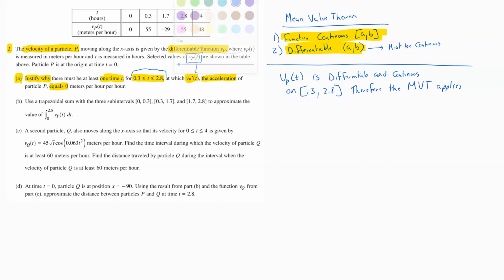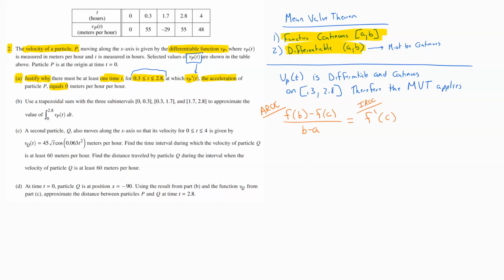And so what do we get out of the mean value theorem? Well, the mean value theorem tells us that if it applies, then the average rate of change, f of b minus f of a, over b minus a, I'm just going to call that the AROC, has to equal the derivative, the instantaneous rate of change at some point c.